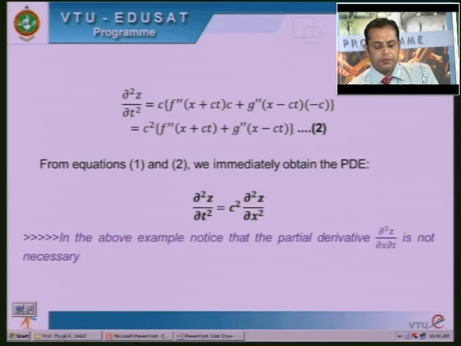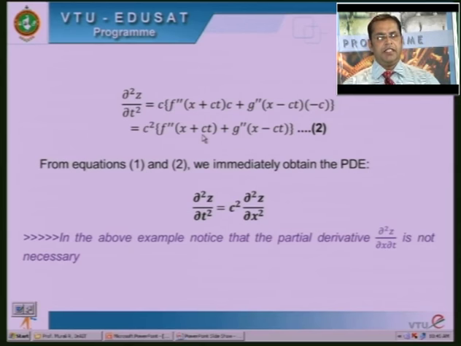That gives you two c terms, again with a common factor, which gives you c square into f double dash of x plus ct plus g double dash of x minus ct.